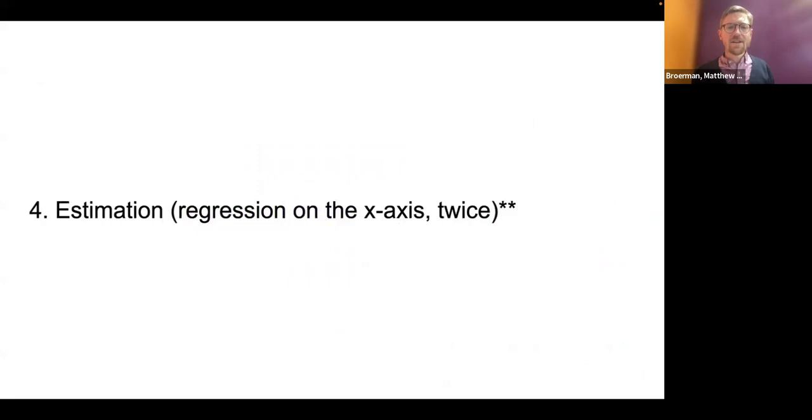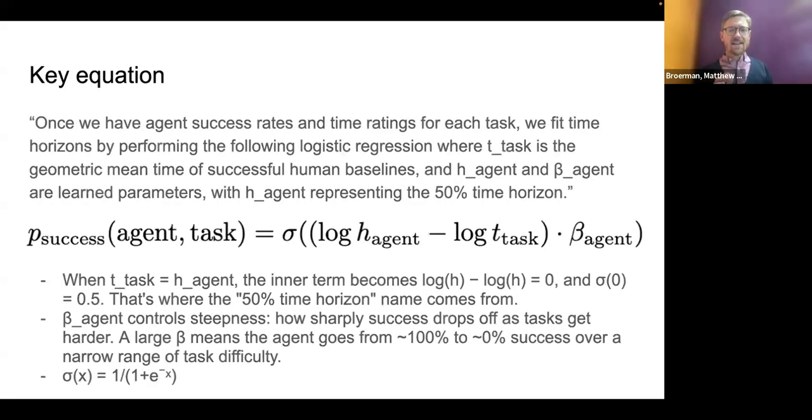Okay, now we're going to do the estimation twice. The first thing is that we need to take those human times and the success rates that we see for a particular agent and task, and we want to make a bunch of fits and get a bunch of these parameters.